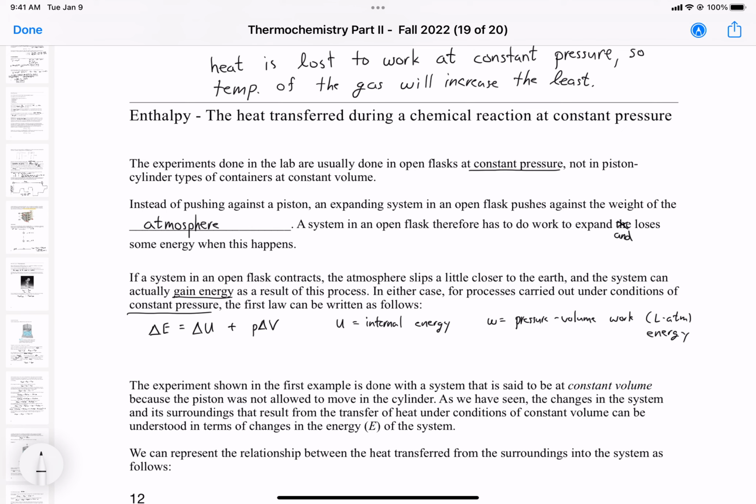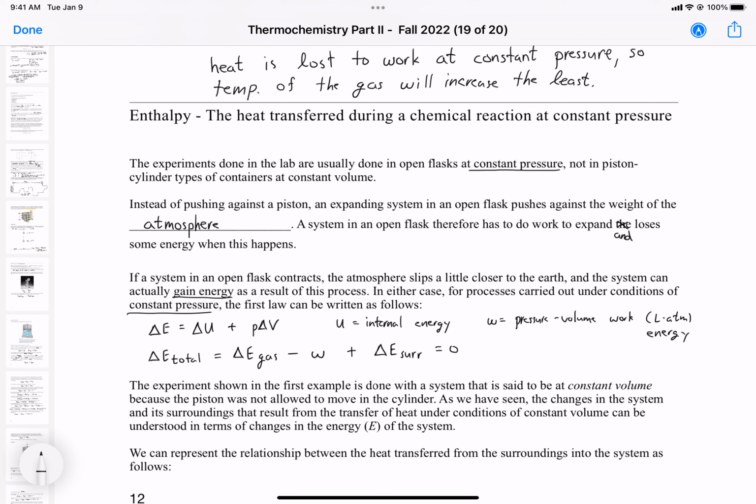So for our example, if we have a chemical system here, the change in total energy equals the change in energy of the gas, minus work, plus the change in energy of the surroundings. So that should be equal to 0, right?